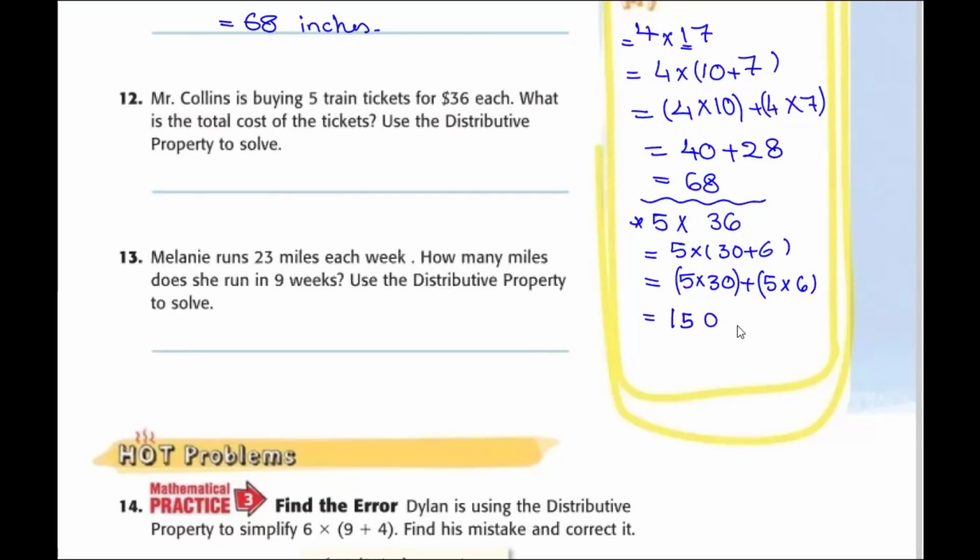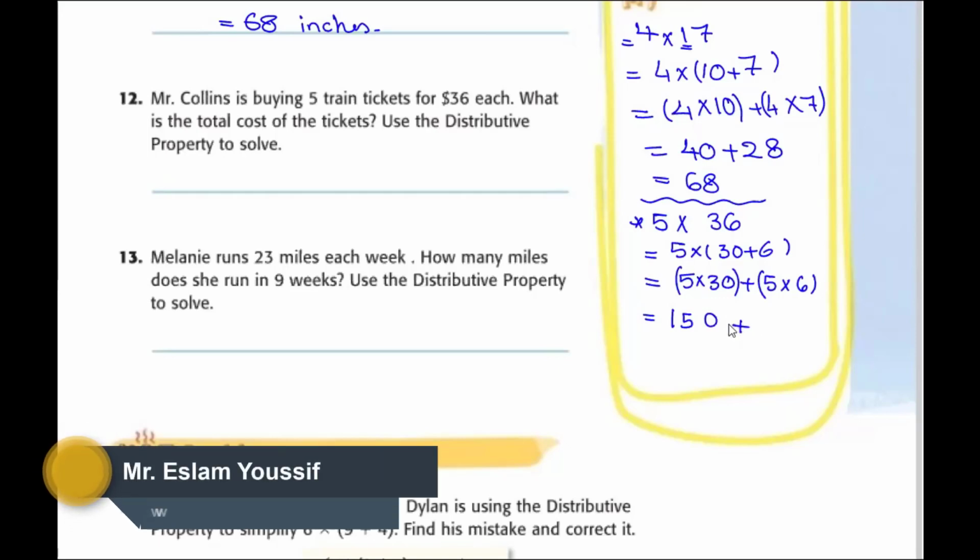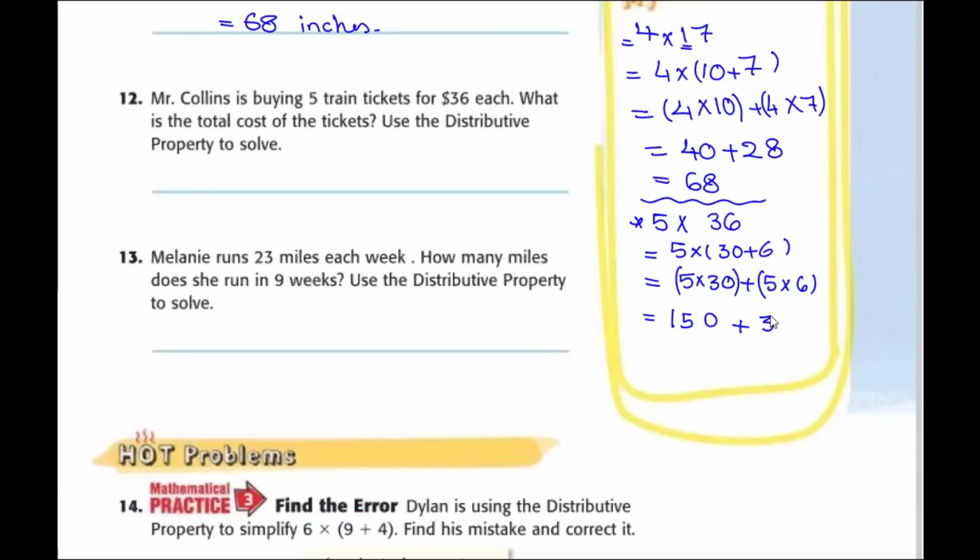Perfect. Plus 5 by 6, which is not 35, but 30. Then you make them plus. They will be 180. Okay, thanks. So the answer now is 180.